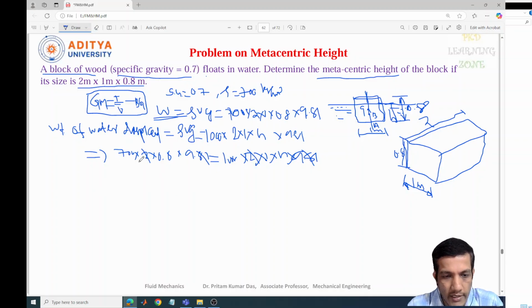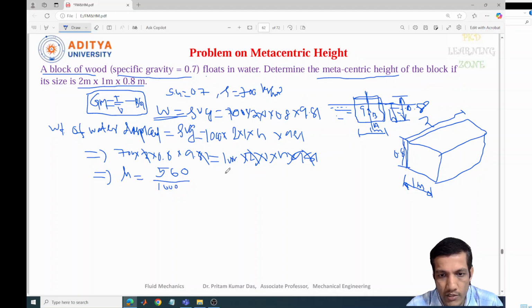Now here what is the extra thing? We need to find out actually the H value. So H value equal to, I can write, this is 700 into 8.8, that means we'll get 560, okay, 560 divided by 1000.